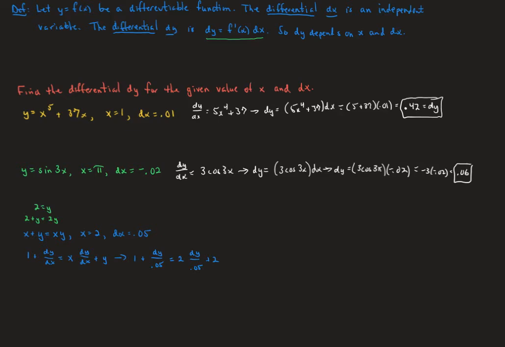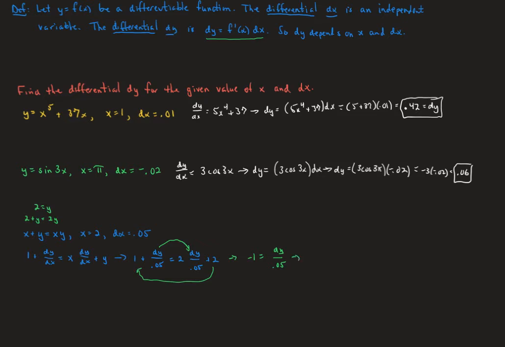So let's see, how do we want to do this? Should we subtract the 2 to the other side, and then we can move this dy over 0.05 to the other side. So that's going to make that be a negative 1 on the left side. Subtracting the dy over 0.05 from the 2 dy over 0.05 is going to leave us with one of those differential dy's over 0.05.